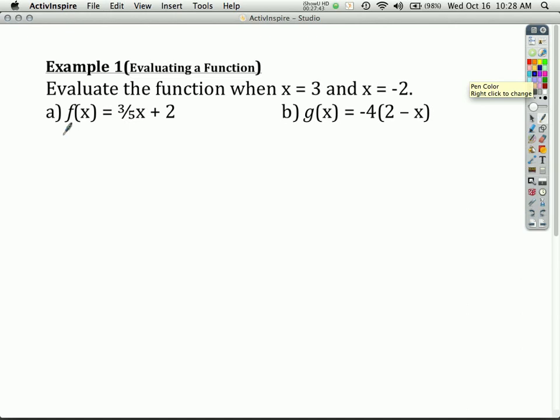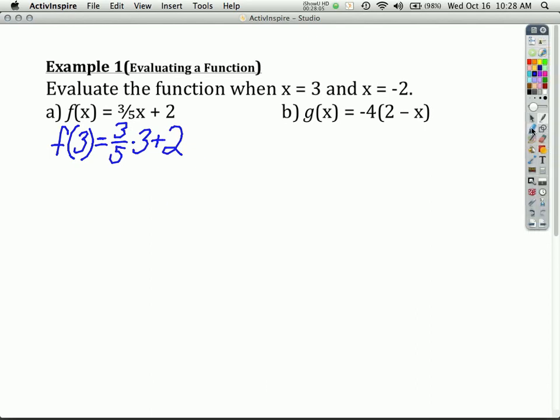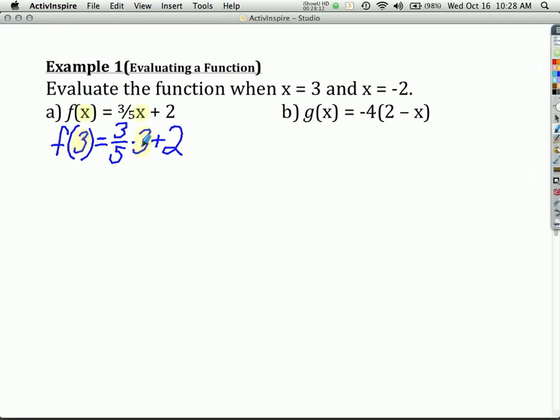We write f of, and now we replace all the x's with the value of x. So now we're going to say f of 3 is 3/5 times 3 plus 2. So all I did was replace the x's with the 3 that came from right here.